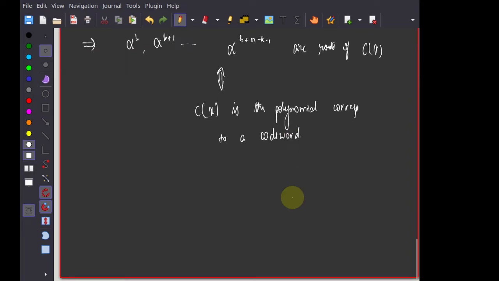So if these are roots, then what can you say about c of x? So if you consider the polynomial x minus alpha to the b, x minus alpha to the b plus 1, product of all of these up to x minus alpha raised to b plus n minus k minus 1, what can you say about this with respect to c of x?